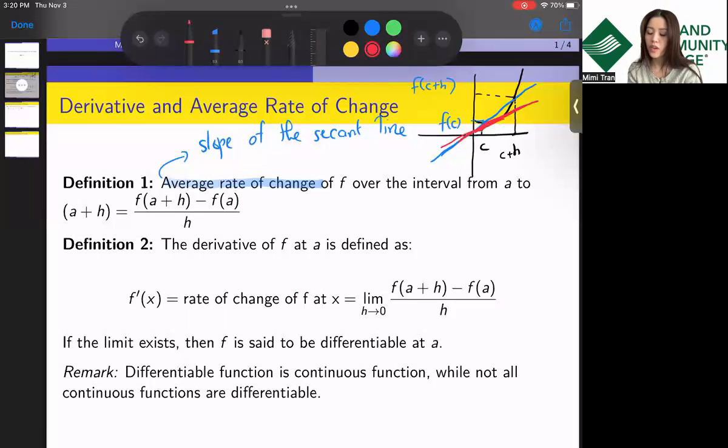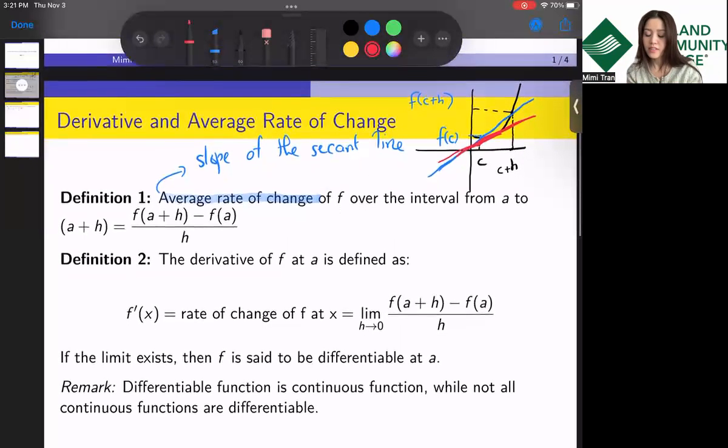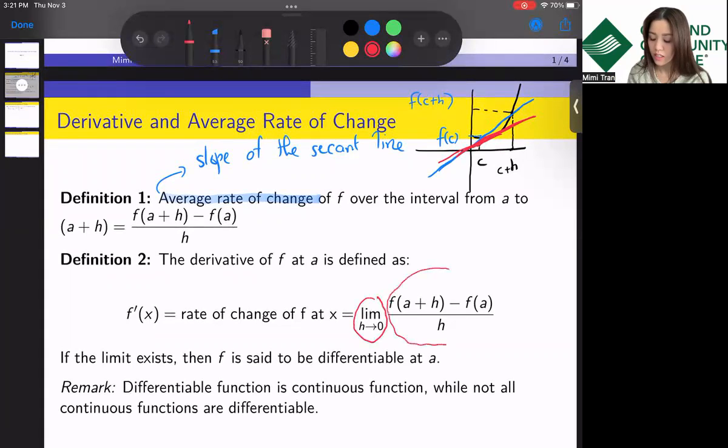The reason is that when h gets closer and closer to 0, the secant line gets closer and closer to the tangent line, right?